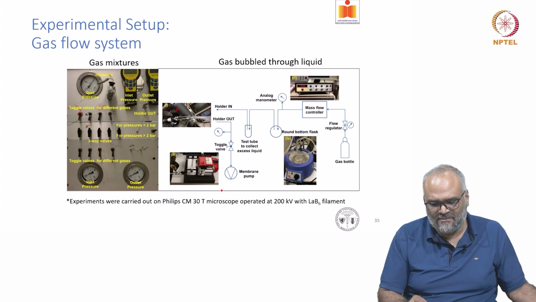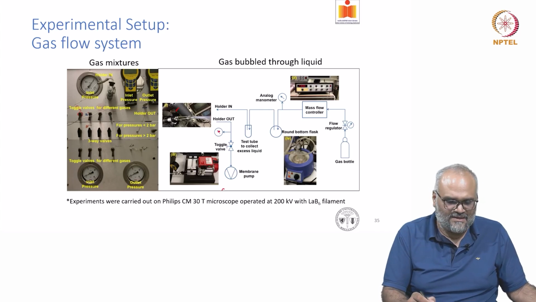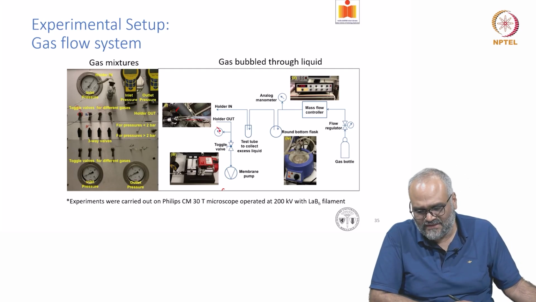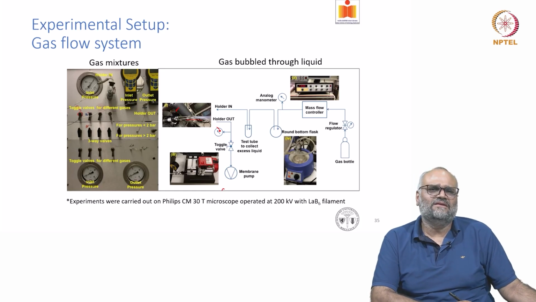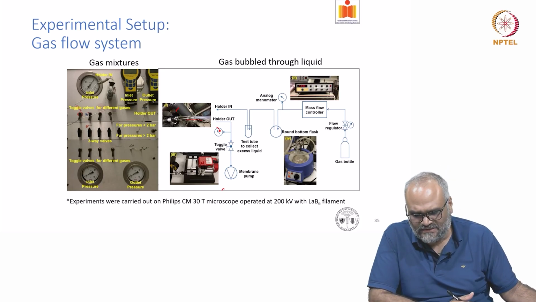The holder goes into the microscope column like this. There is a small membrane pump with which you are pumping the gas out of the holder here. There are much improved and better versions of mass flow controllers with programmable valves and so on.